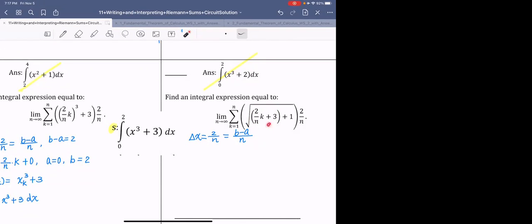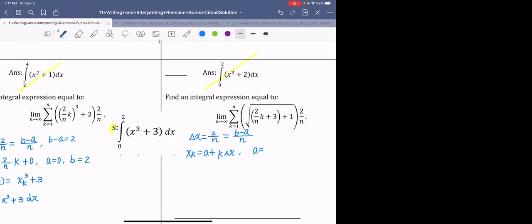So who is the a? I write down here: xk is a plus k delta x. So who is a? a plus 2 over n times k.